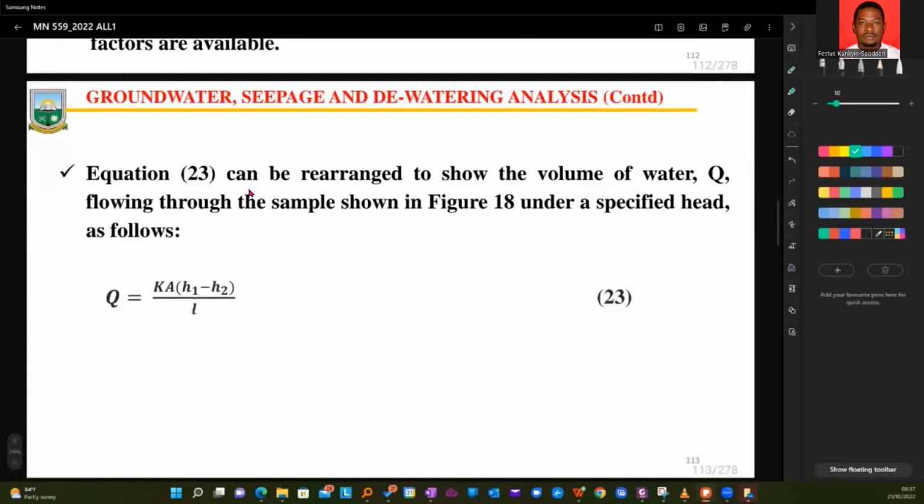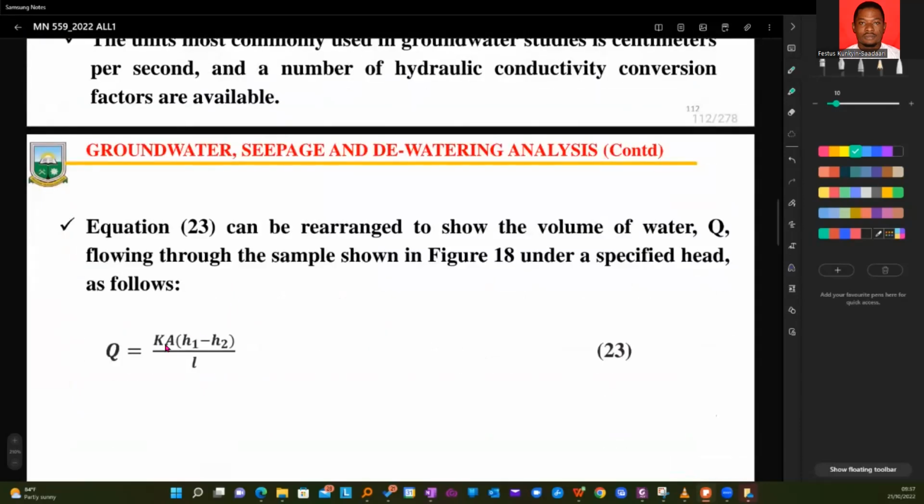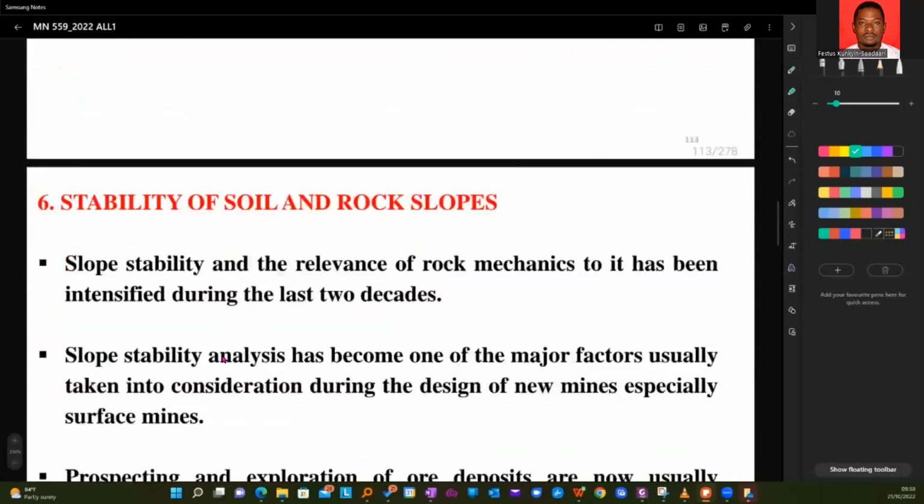Equation 23 can be rearranged to show the volume of water Q flowing through the sample shown in figure 18 and a specified head as follows. If you know this computation, you can get your K. Once K is gotten, you can calculate the quantity of flow at a given length.